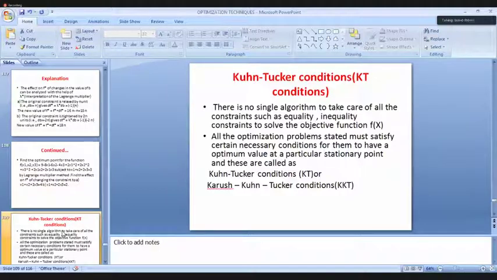So the important point is whether these KT conditions are necessary conditions or sufficient conditions. Please tell me that point.